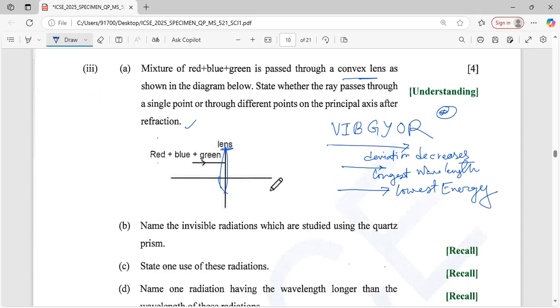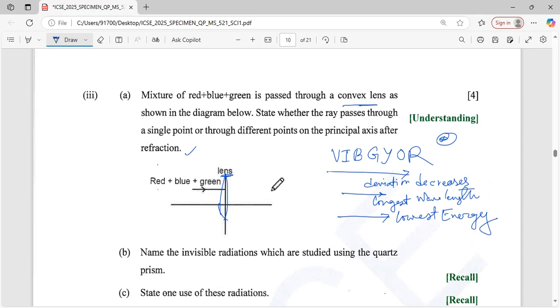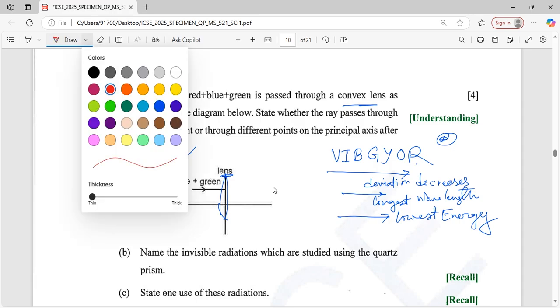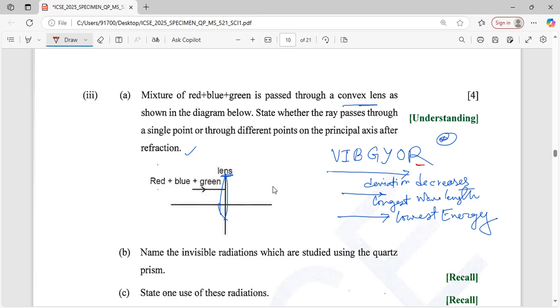In this case, here comes the red, and here the blue and green. Red has less deviation, and blue and green have the most deviation.